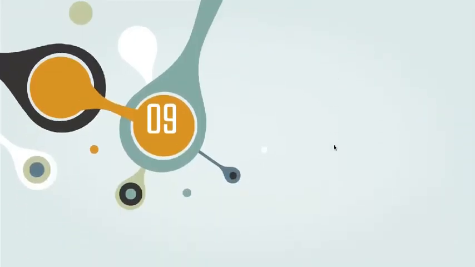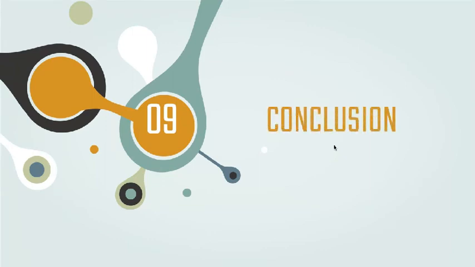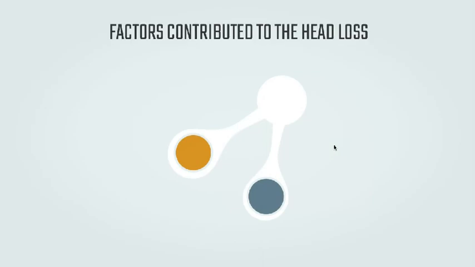So here we are at the final part of the video, which is the conclusion. Because our experiment's objective is to find the head loss, we decided to talk about the factors that contribute to the head loss in the conclusion.